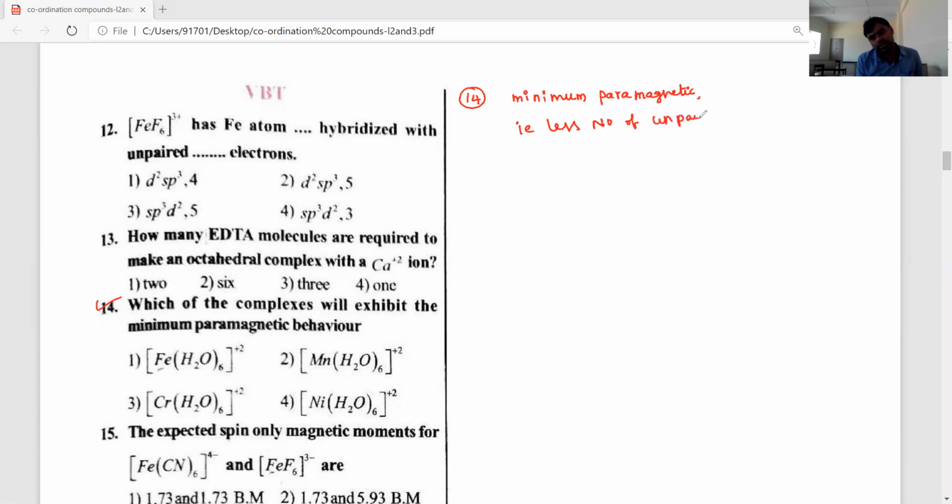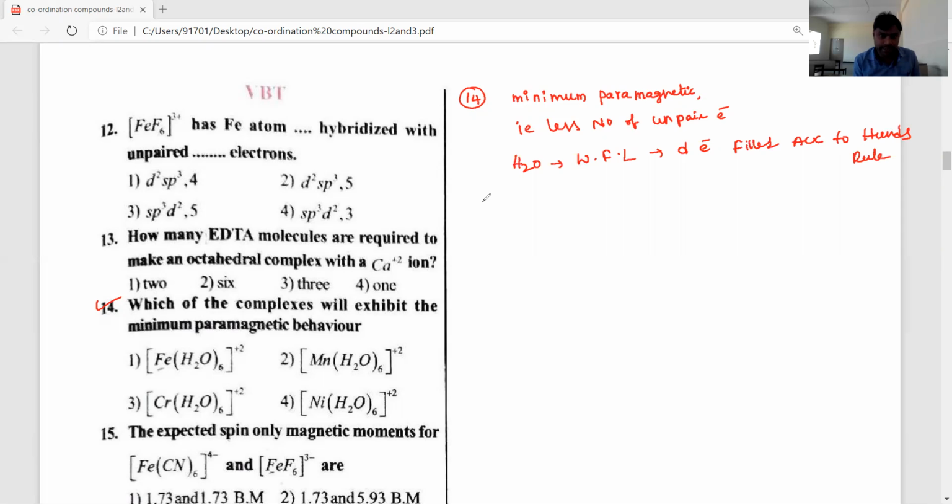Now if you observe, the given 4 complex compounds have water, H2O, ligands. Water is a weak field ligand, so the d electrons are filled according to Hund's rule.